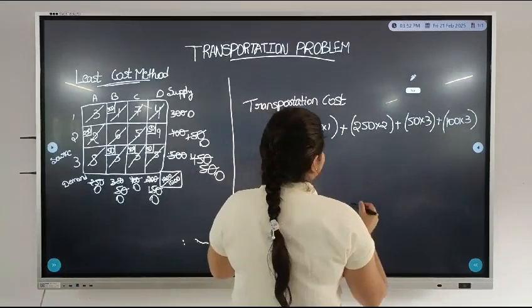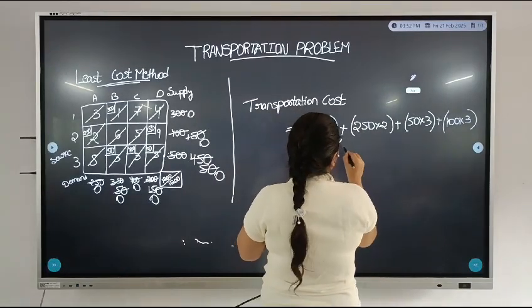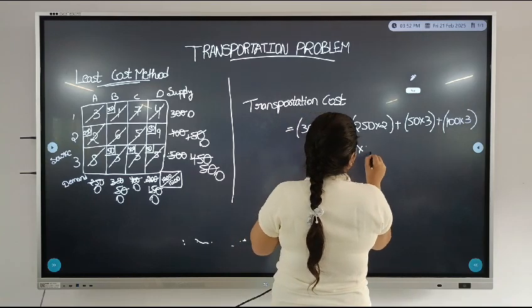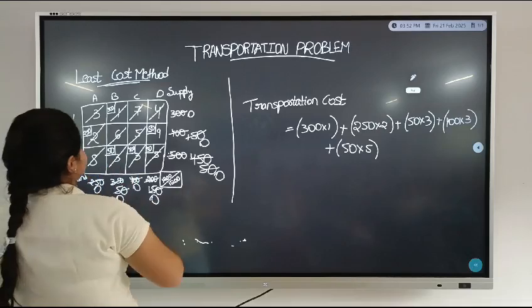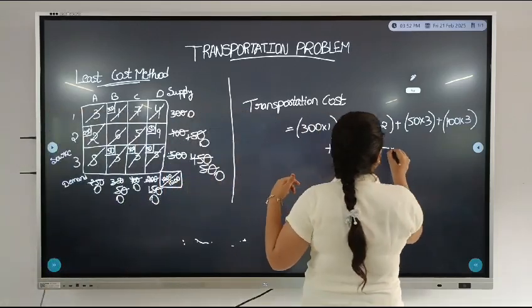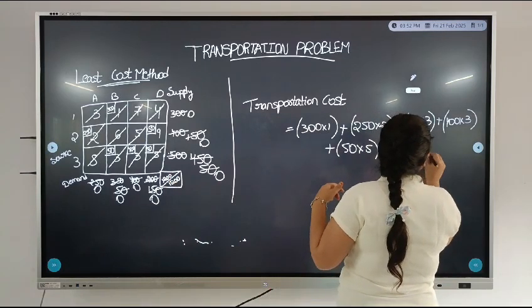And next, the remaining 5: plus 50 into 5. And there is 150 into 9.